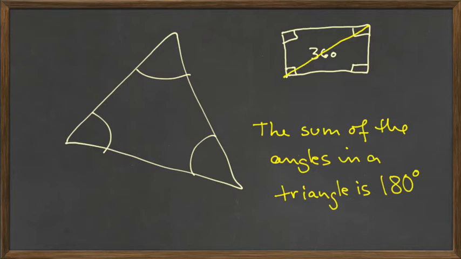Okay, so let's do some angle problems first, and then we're going to look at some rectangle problems. On page, where are we? On page 32. Page 32, let's pick something like number 18.